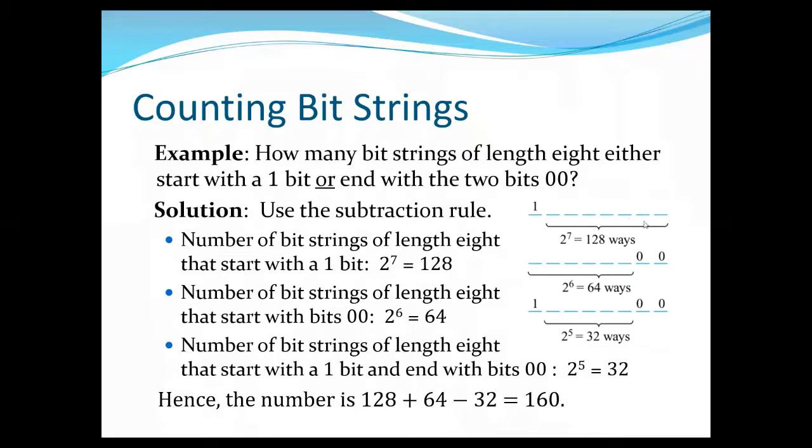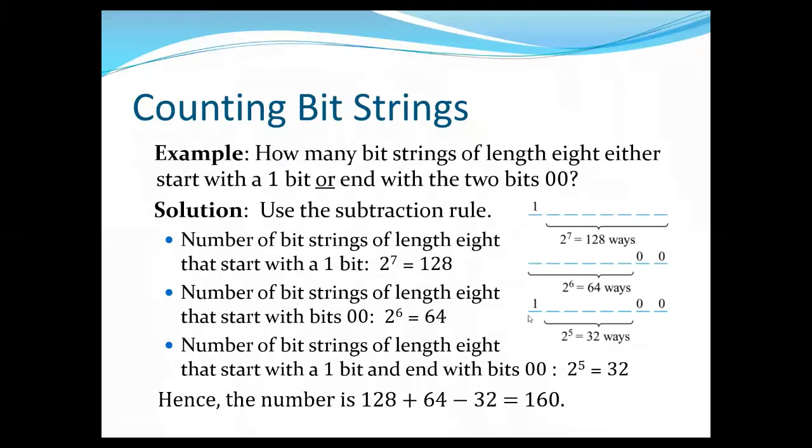Just multiply, we have 2 raised to 7, or 128 ways that it will start with 1. But in case it will end with 00, we only have 6 bits here, so we have 2 raised to 6, or 64 ways that it will end with 00.